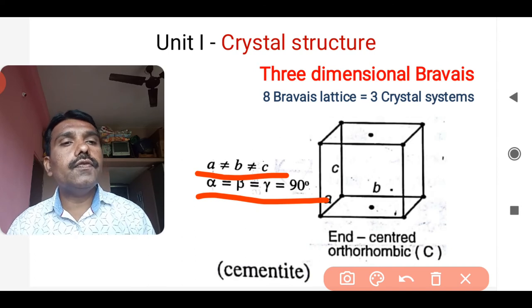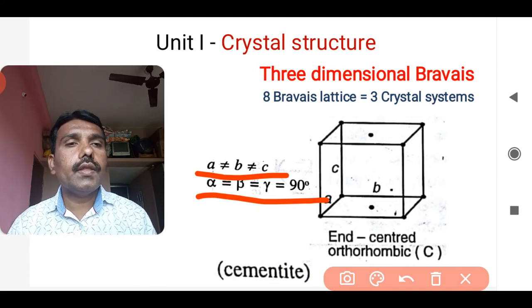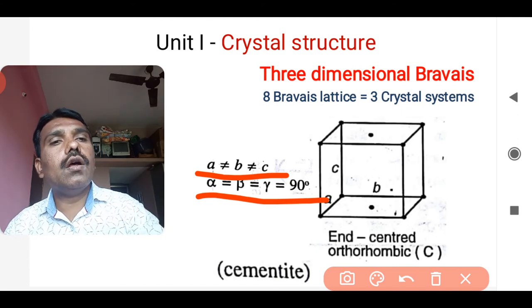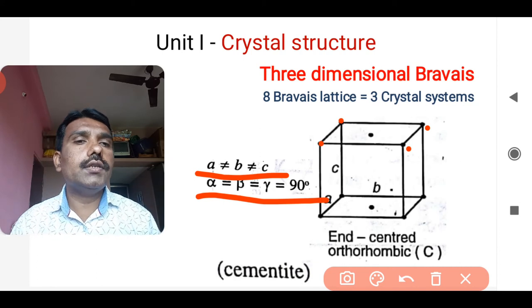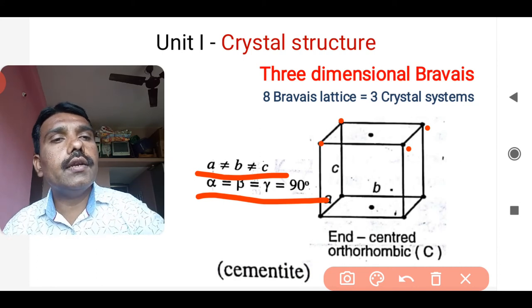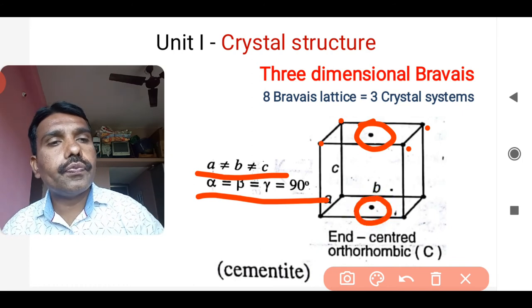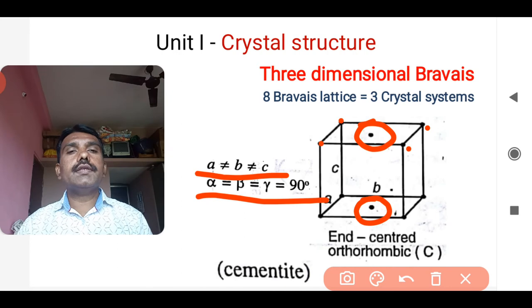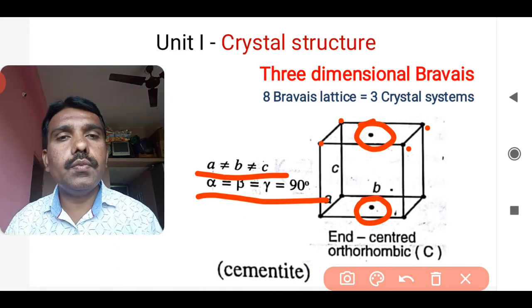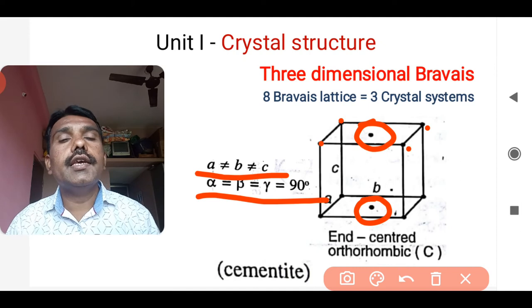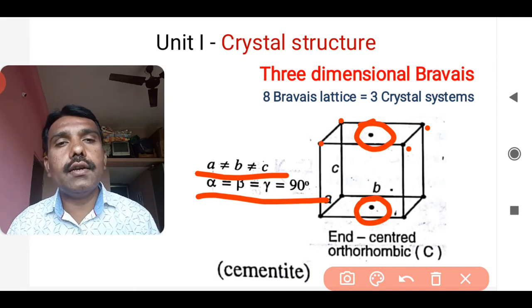And if you look at this case carefully, there are atoms on the corners, as well as two other points: one at the center of the top surface, and another at the center of the bottom surface.